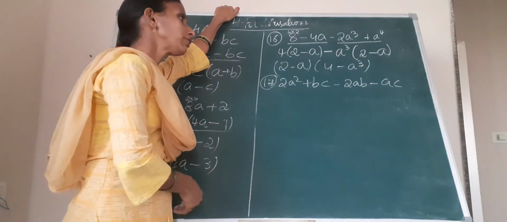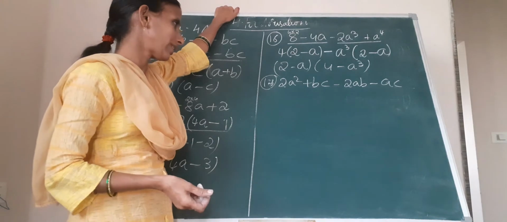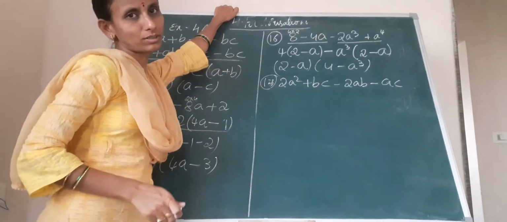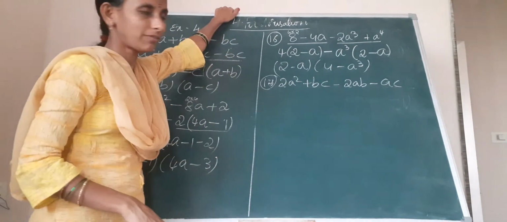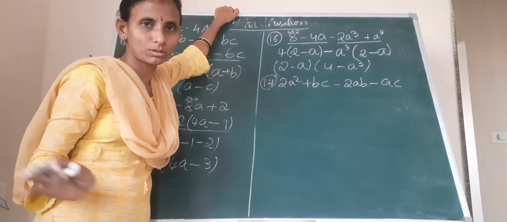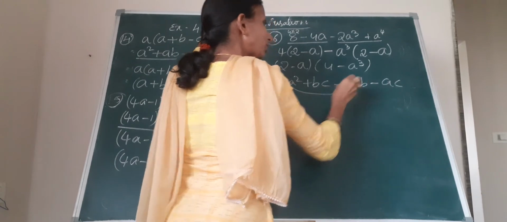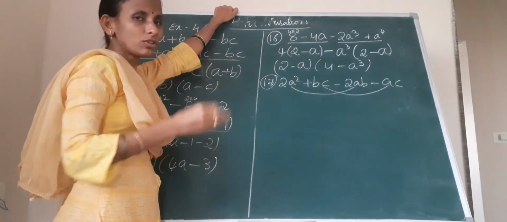Okay, now we have to do grouping first. Which terms we can take as one group? See, now these two terms we cannot take as one group because the variables in both the terms are totally different. Here we have a and here bc, so no common variable. So what I am doing here, I am taking these two terms as one group and these two terms as another group. So write accordingly.